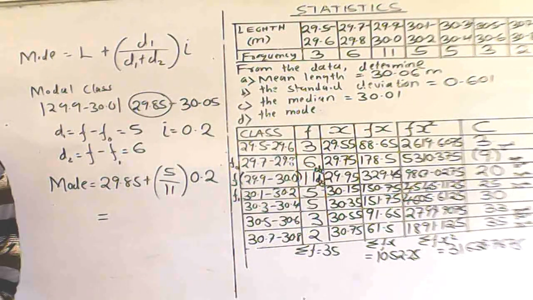So what is the mode? If you work that out in the calculator, what do you get to be the mode? 29.85 plus 5 over 11 times 0.2.